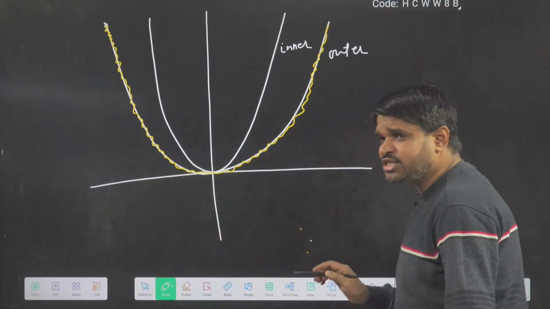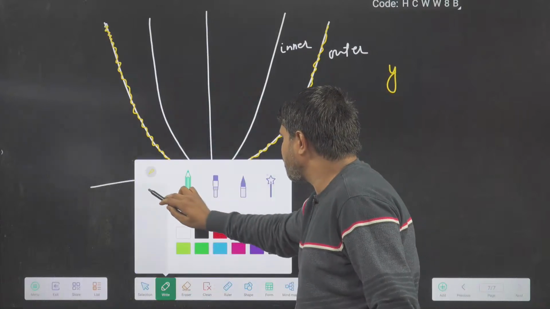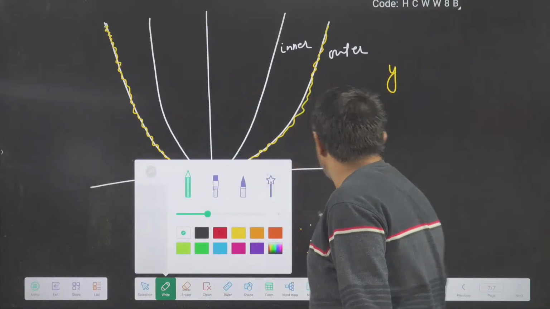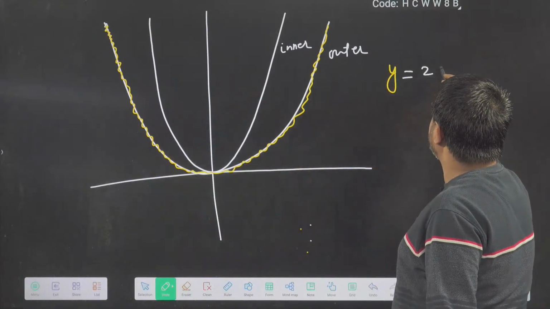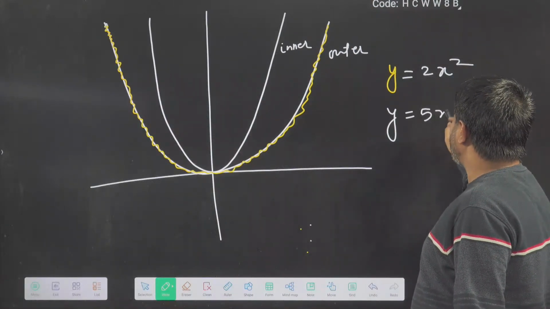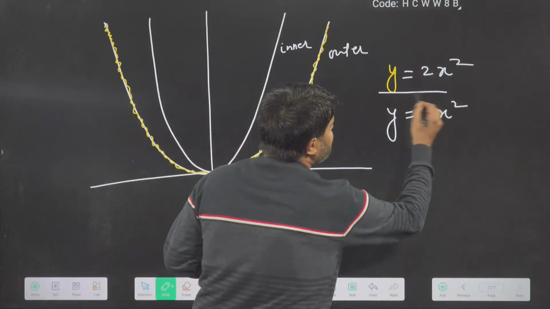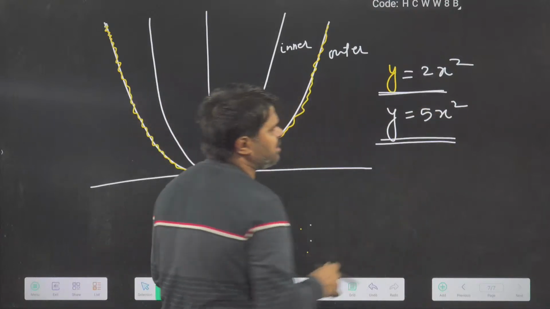Now just try to understand. I am writing the equations: y equals 2x square, y equals 5x squared.